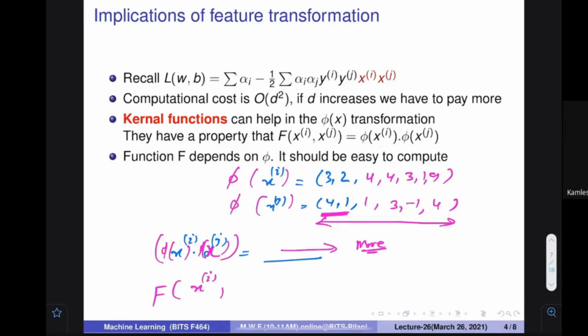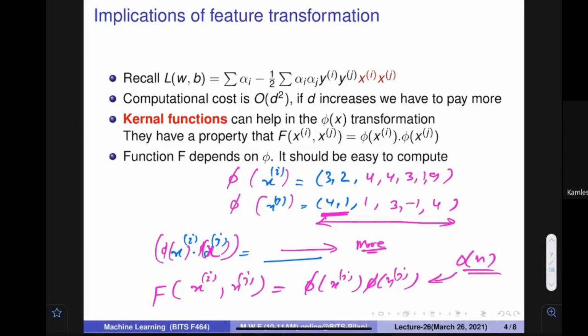If you just provide xi and xj, once again, focus on this, very important part of this particular lecture, it is going to give me the value of phi of xi and phi of xj in order of n time. Let's assume that it gives it in order of n time only. Here, how much time was needed? It was more than order of n time. I am going to give you this particular function.